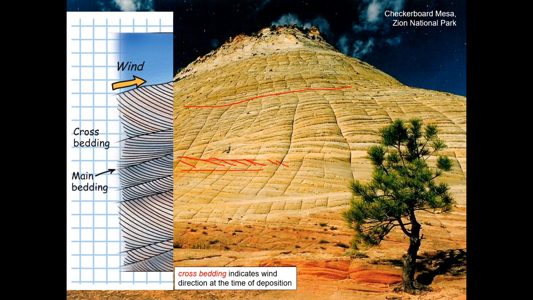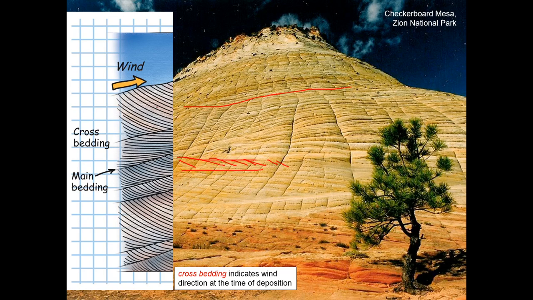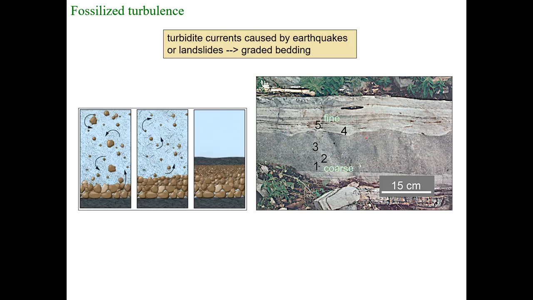That's cross bedding, and it indicates the wind direction at the time. The lines are sloping basically away from the wind direction. So it's pretty cool because you can look at the cross bedding in a rock and it will indicate what the direction of the wind was when it formed.